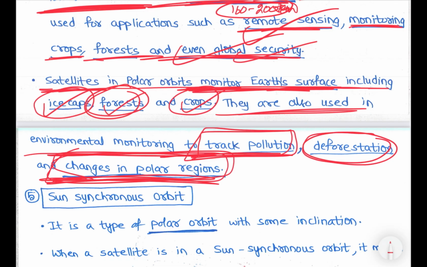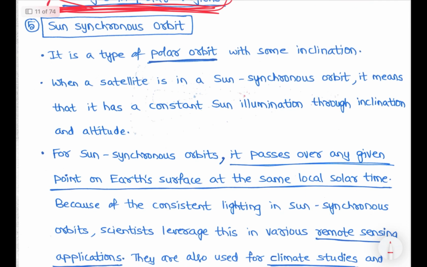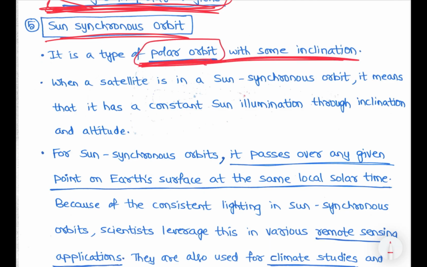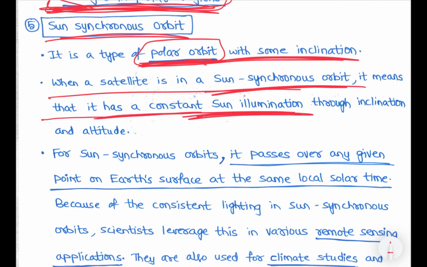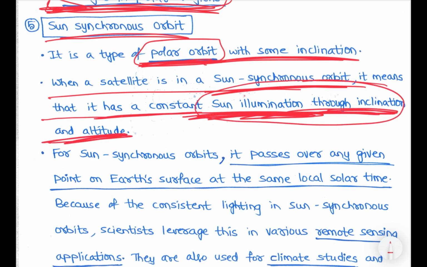Then next is sun synchronous orbit, right? So sun synchronous orbit is a type of polar orbit, right? A type of polar orbit with some inclination. When a satellite is in sun synchronous orbit, it means that it has a constant sun illumination through inclination and altitude. So there is consistent sun illumination, right?